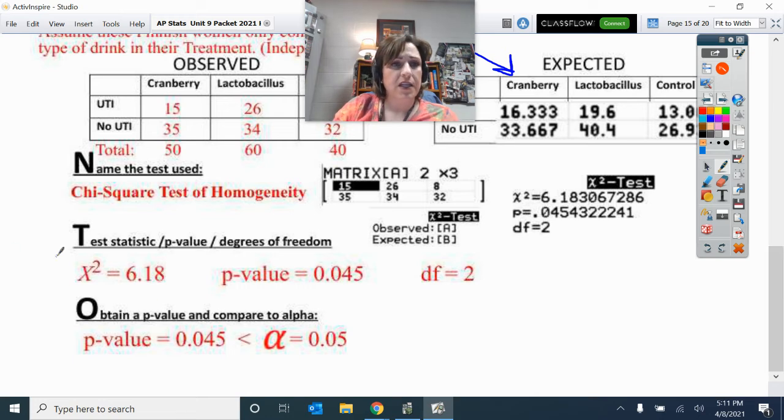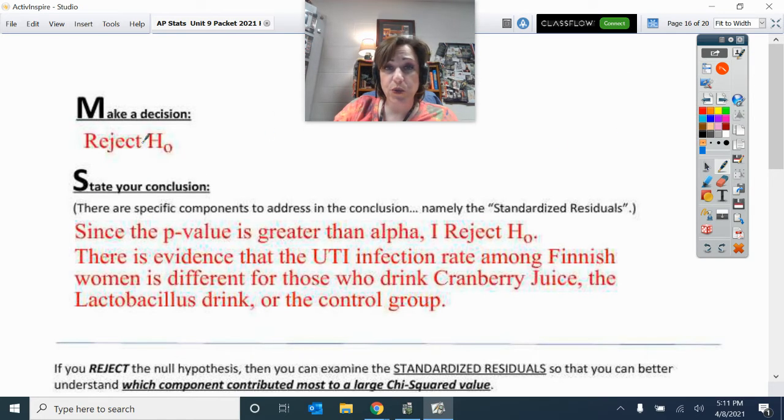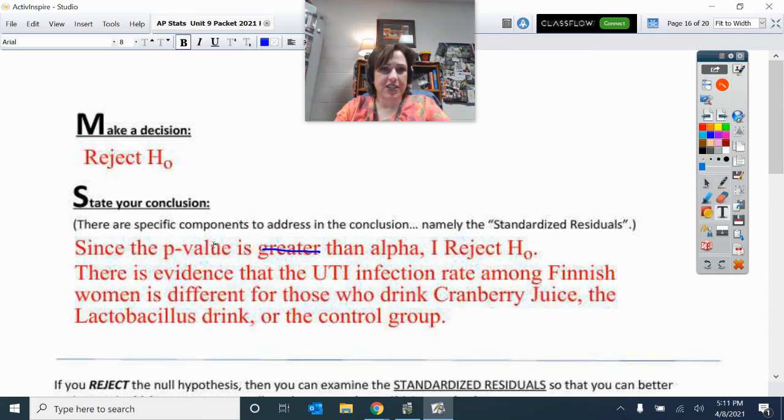Okay. So our test statistic was our chi-squared of 6.18, p-value 0.045, degrees of freedom 2. So our p-value is less than alpha. And we're going to make a decision to reject the null, just barely, but we rejected it. So since the p-value is less than alpha, I reject H0.